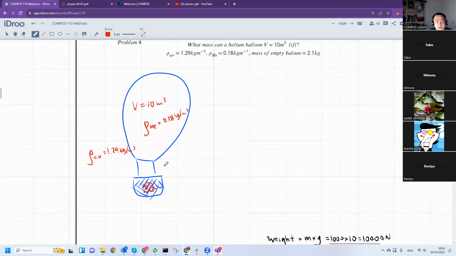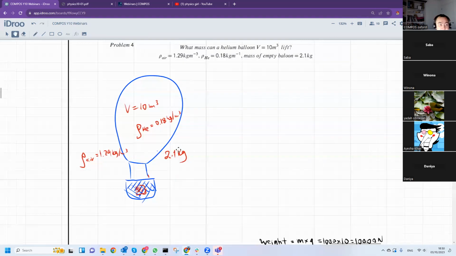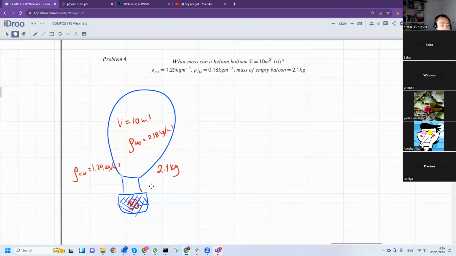The mass of the empty balloon, the balloon plus the basket, is 2.1 kilograms. So it's a small balloon, not meant for people, but it can lift small objects, some equipment, for example, into the atmosphere. So the question is, how much mass can it lift?